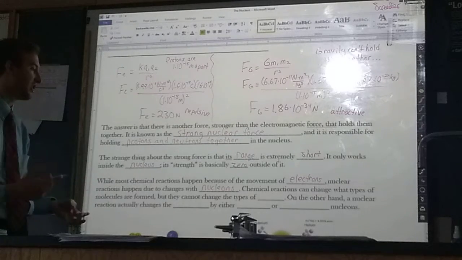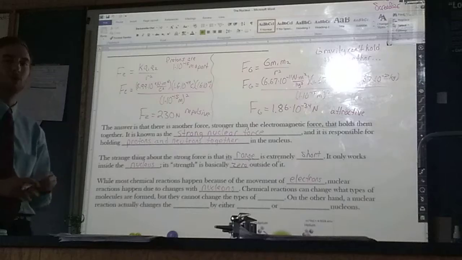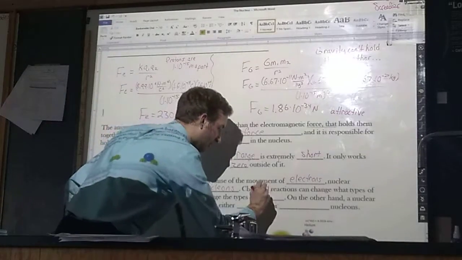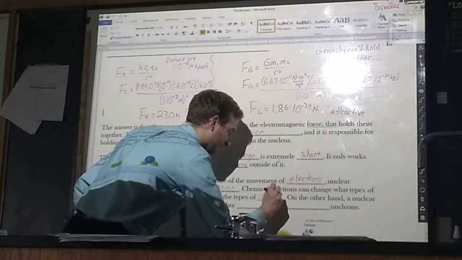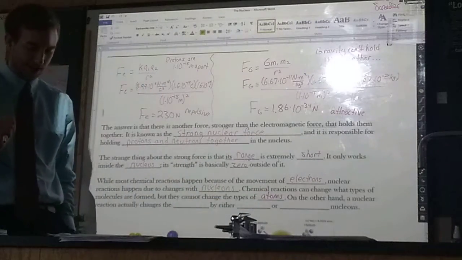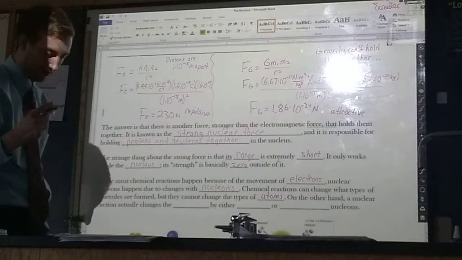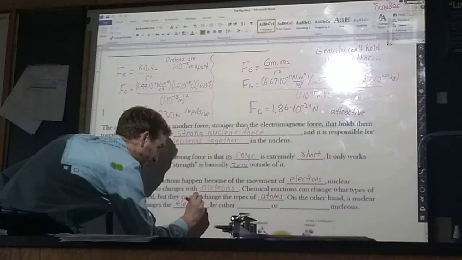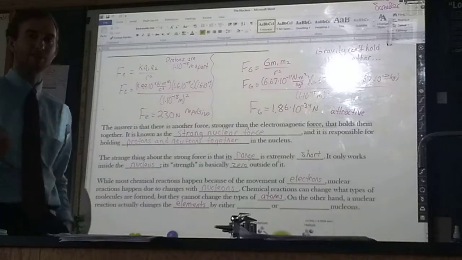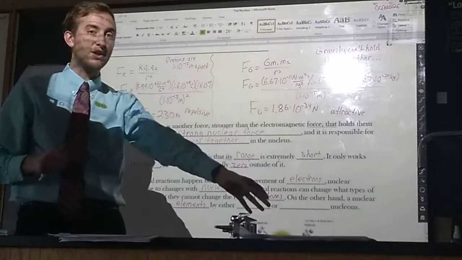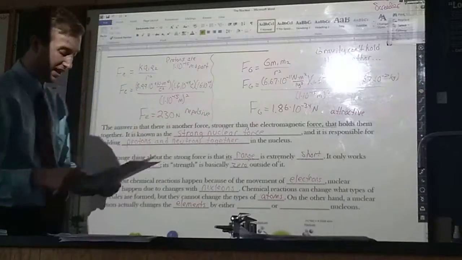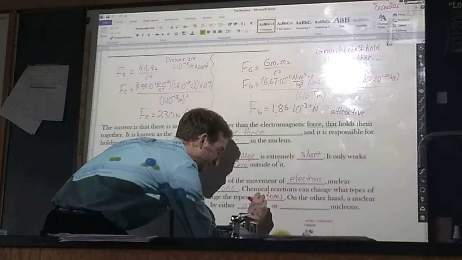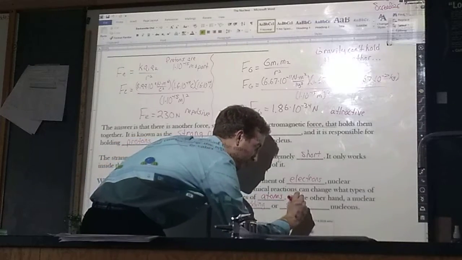A chemical reaction changes what types of molecules are formed, but it does not change the types of atoms that are present. A nuclear reaction, on the other hand, can actually change the elements involved. You can start with one element and have another at the end by adding or subtracting nucleons.